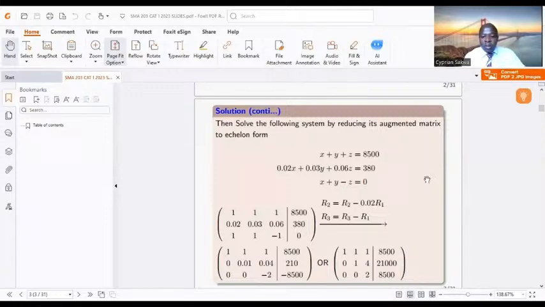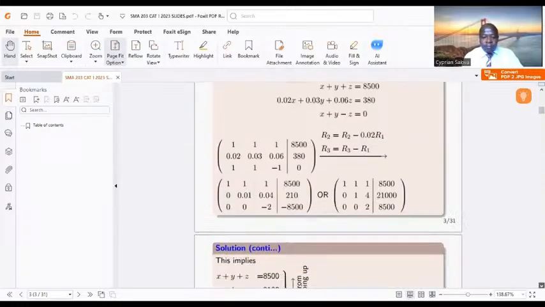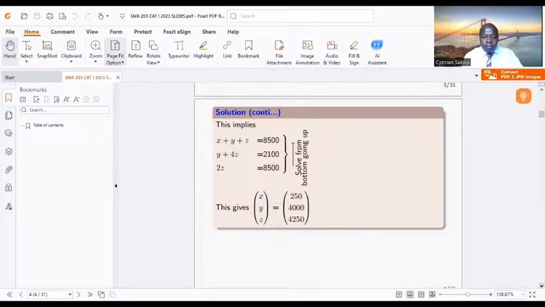Let me see what I got as my result. So when you solve going up, you get z to be 4,250. Then y will be, substitute z here. Let me just do it for the sake of those who may not have understood what I'm talking about.